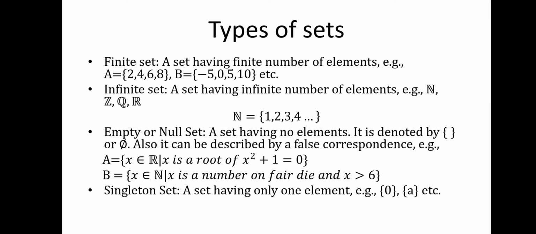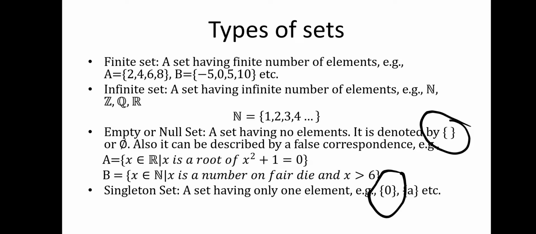And then finally I have a singleton set. What is a singleton set? By the name it suggests that there is only one element in the set. Now a point to be noted: this set and this set are different. Why? Singleton 0 means 0 is still considered an element. So don't think that 0 means there is nothing in it. 0 is still an element inside.